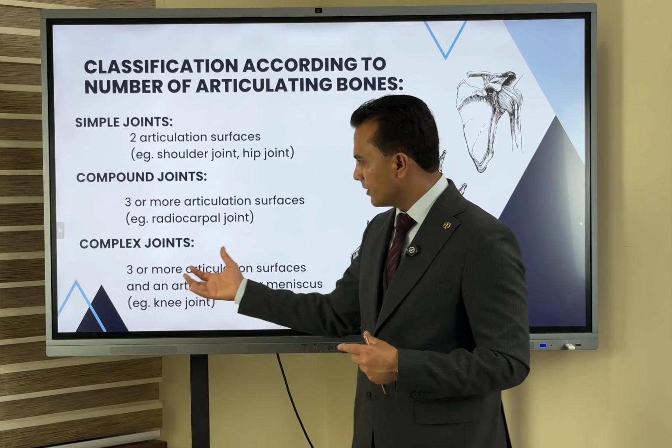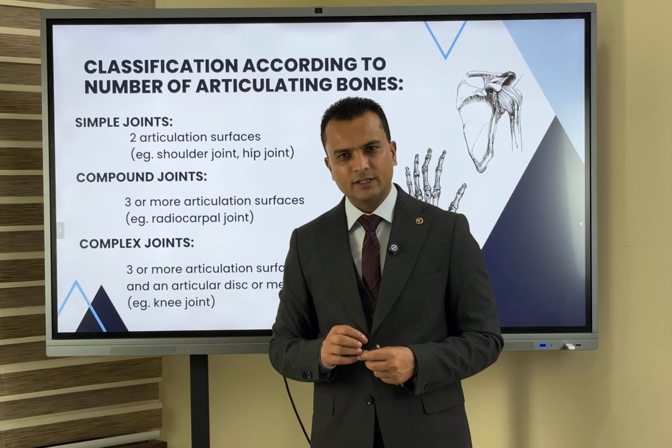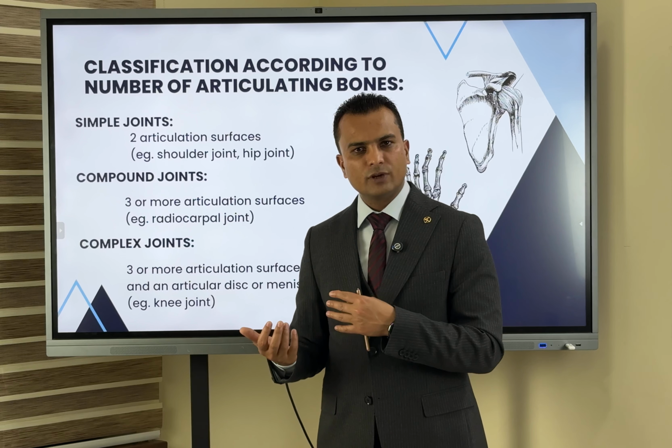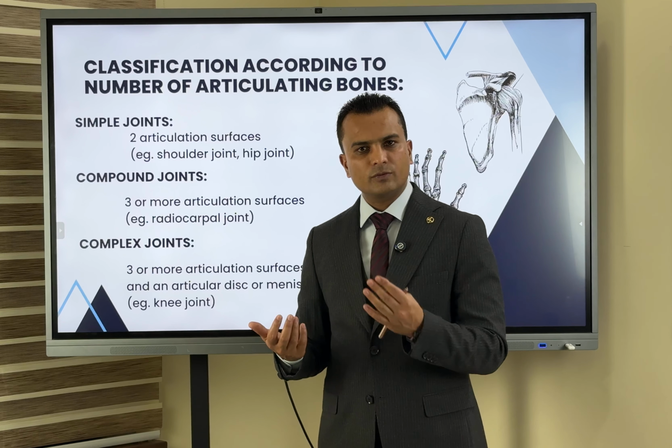And we have complex joints, the best example being the knee joint. In the knee joint we have a lot of structures: the patella, the tibia, the condyles of the femur, and the menisci. That's why the knee joint is called a complex joint.